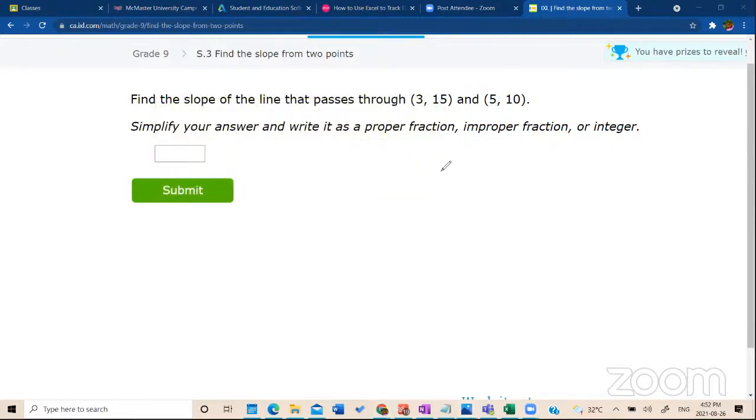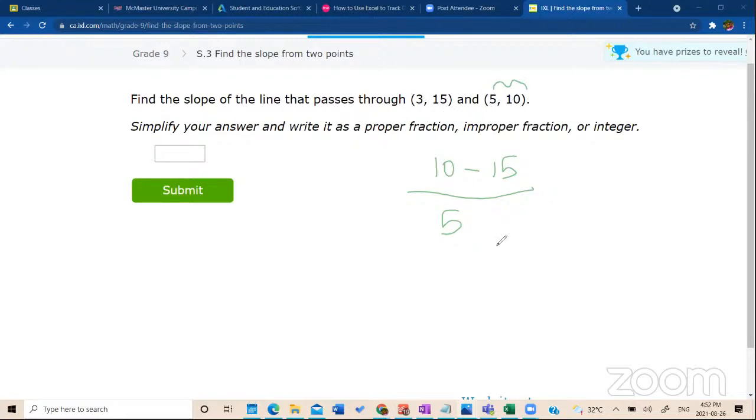It's going to be 10 minus 15, and it's going to be 3 minus 5. It's going to be 5/2. So remember, you always have to take the coordinates from the same number. So basically, if you do 10 minus 15, you have to do 5 minus 3.